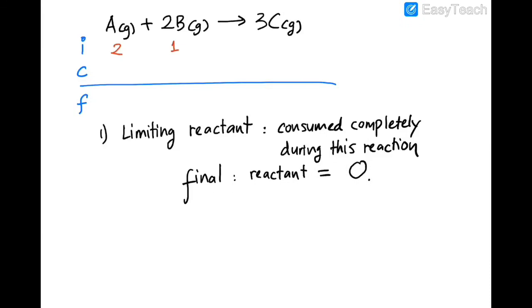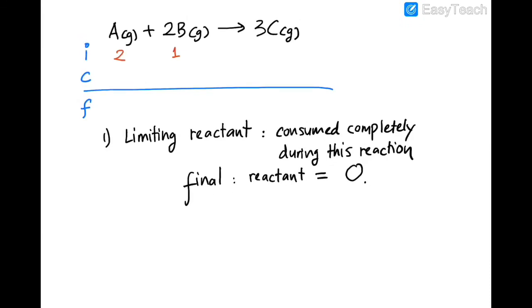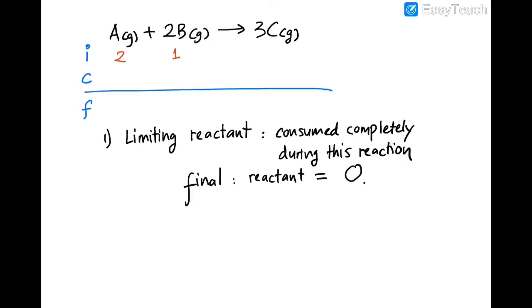To do this, first we take the initial amount of each reactant, the initial for A and the initial for B, and we divide them by the coefficient of A and the coefficient of B. Don't forget, we have to take the initial state.